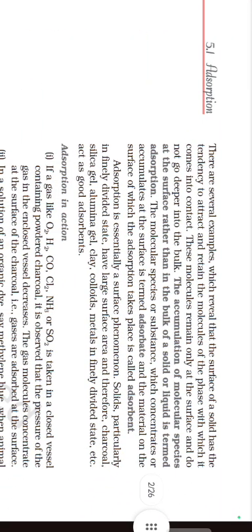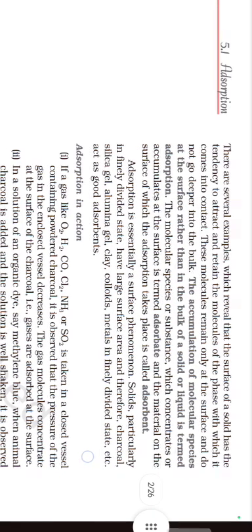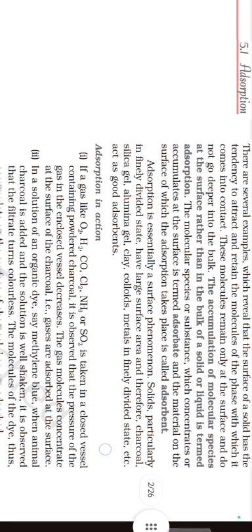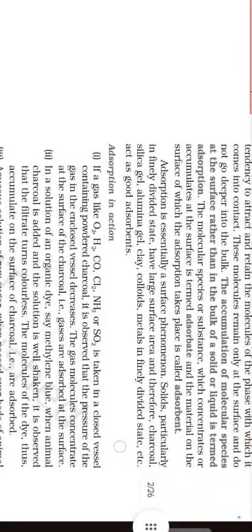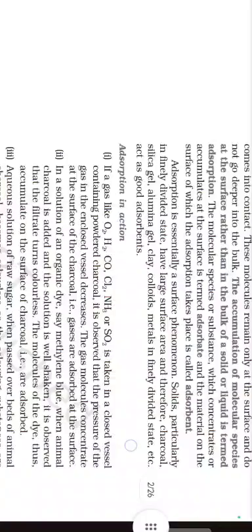Adsorption. There are several examples which reveal that the surface of a solid has the tendency to attract and retain the molecules of the phase with which it comes into contact. These molecules remain only at the surface and do not go deeper into the bulk.